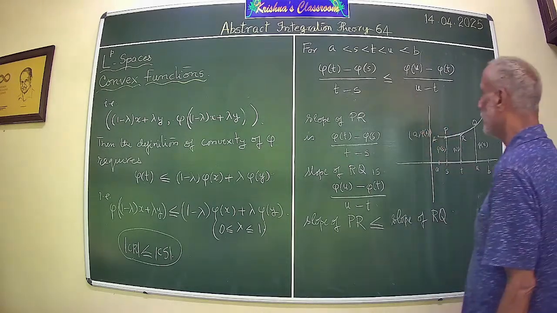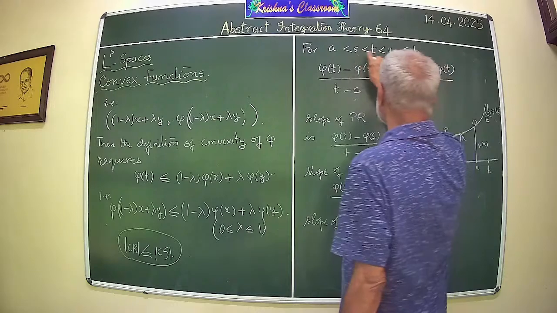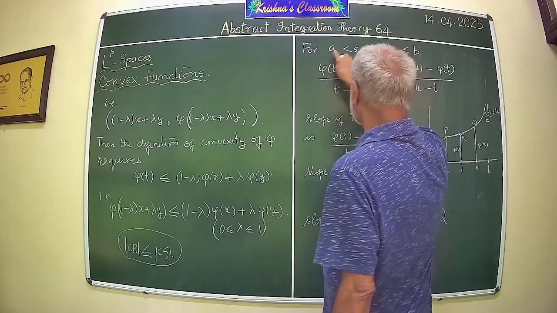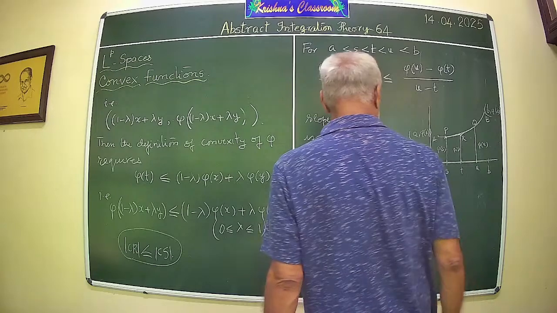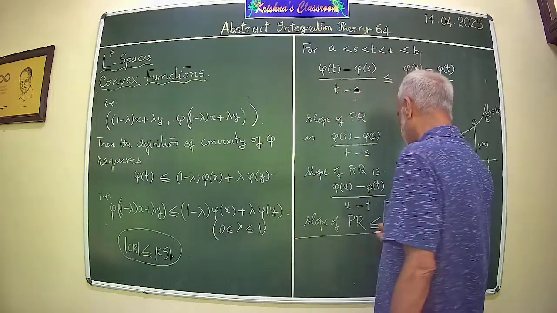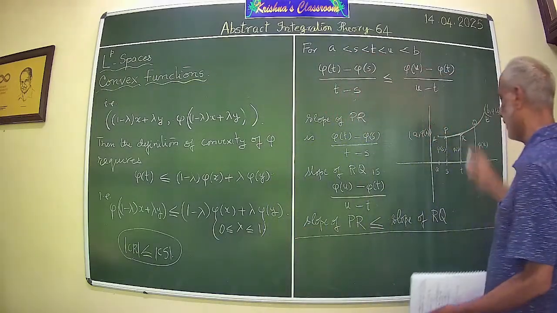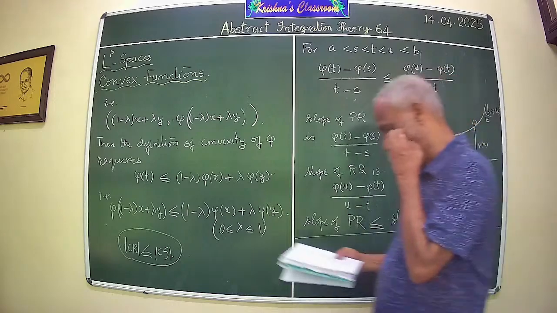That means for every choice of S, T, U such that A less than S less than T less than U less than B. Okay. So this is another way of understanding what convexity is.